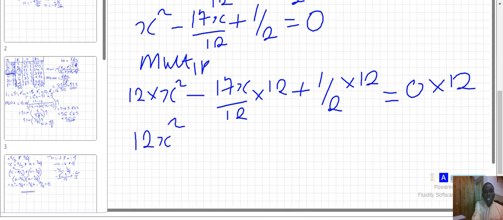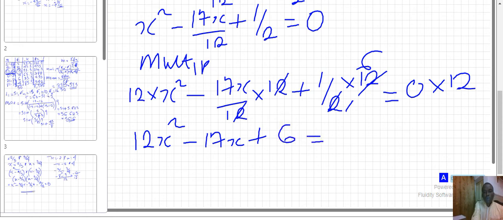So this will give us 12x squared. 12 will cut 12, so we will have minus 17x, plus 2 here 1, 2 here will give us 6, and that will give us plus 6 equal to 12 times 0, which is 0. So finally, our quadratic equation will be 12x squared minus 17x plus 6 equals 0.